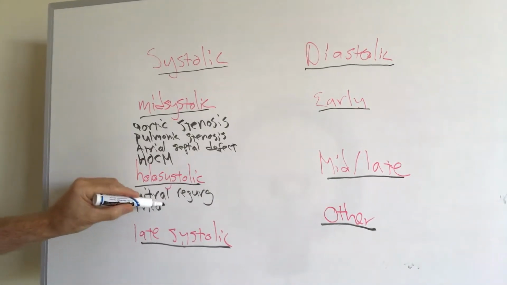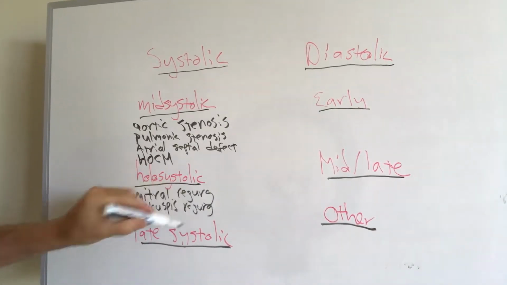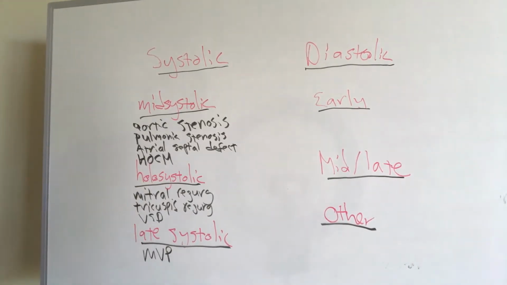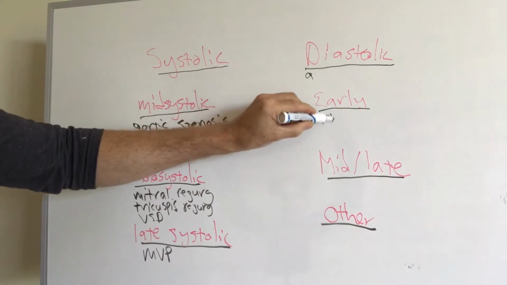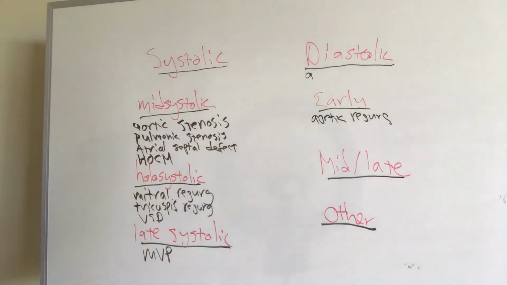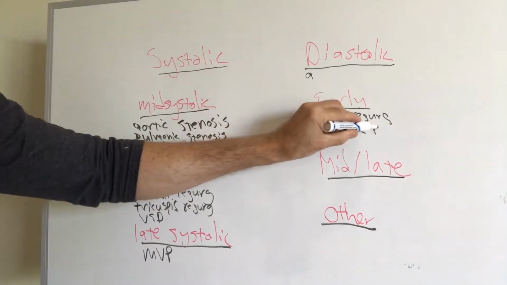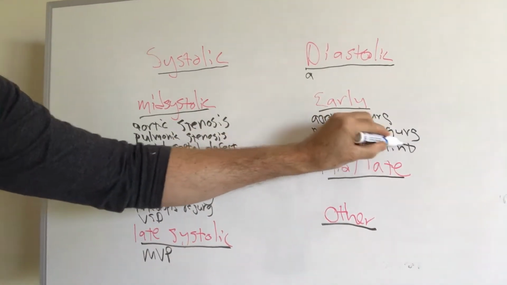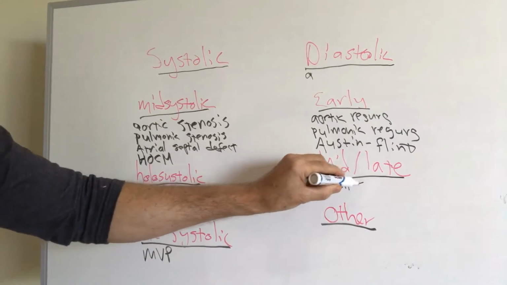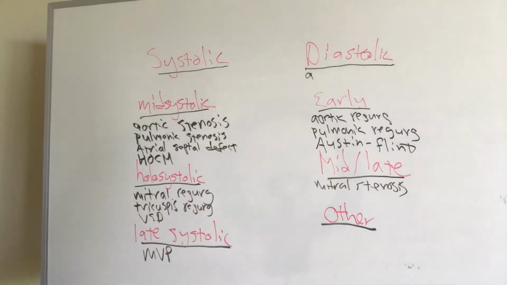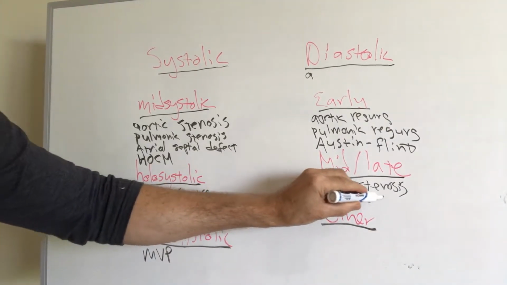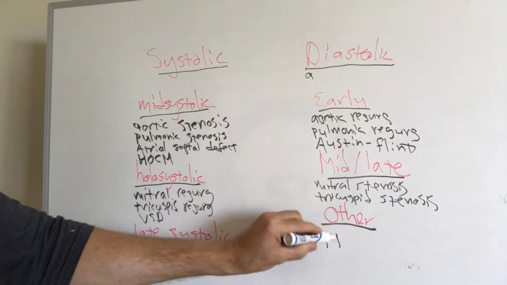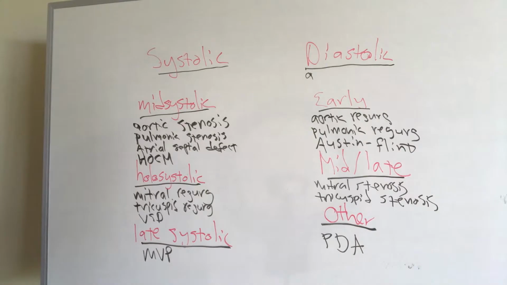Holosystolic is mitral regurg, tricuspid regurg, ventricular septal defect, and late systolic is mitral valve prolapse. The diastolics, early aortic regurg, pulmonic regurgitation, and the Austin-Flint, which is basically aortic regurgitation. And then the mid to late would be mitral stenosis and tricuspid stenosis. And then other diastolic murmurs would be the PDA.